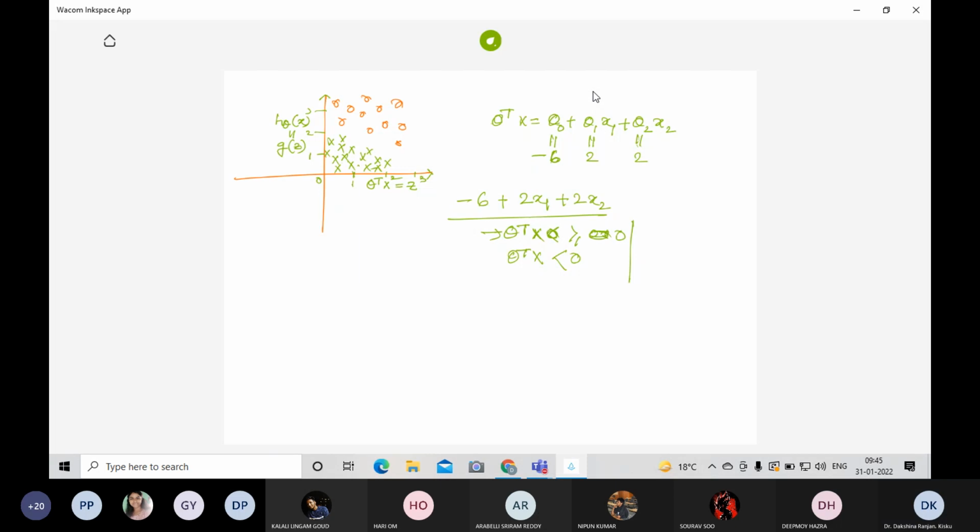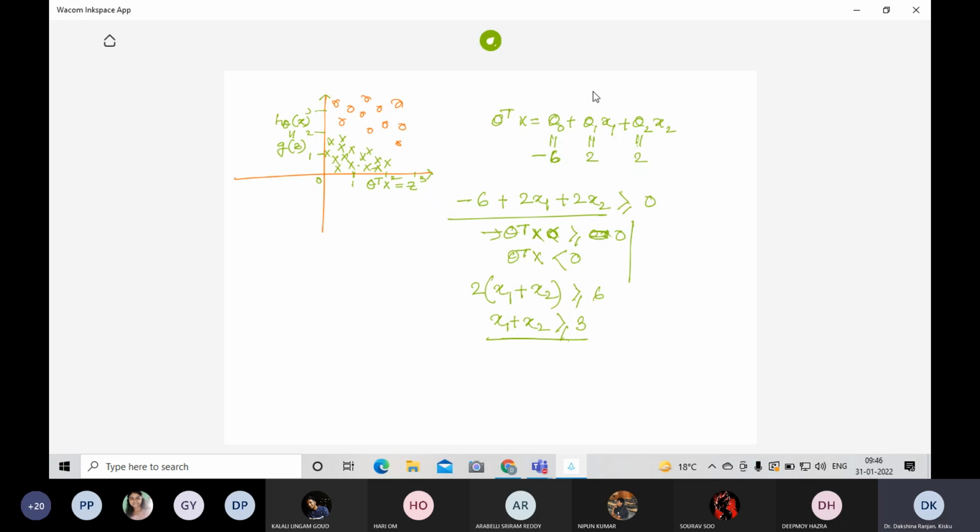So we can write -6 plus 2 x1 plus 2 x2 greater than or equal to 0. If I take the 2 common from x1 and x2, we can write 2 into x1 plus x2, and take -6 to the right hand side. Then x1 plus x2 will be greater than or equal to 3.